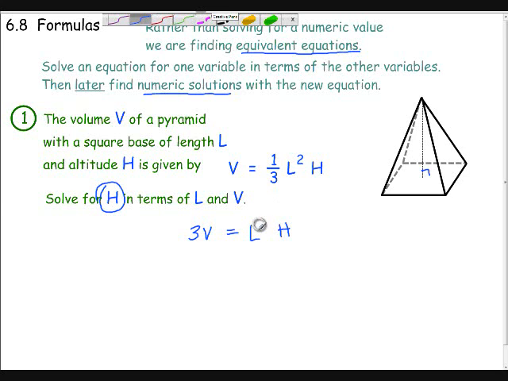This is L squared. So I'm going to divide everything through by L squared. And I have the height of my pyramid in terms of the volume and the length of the sides of the base.